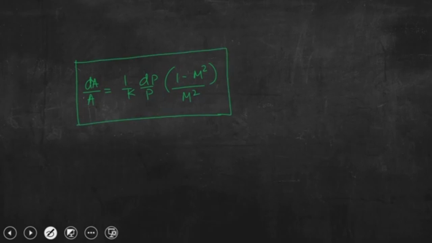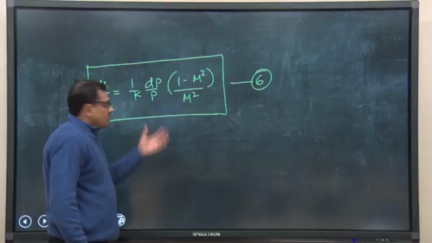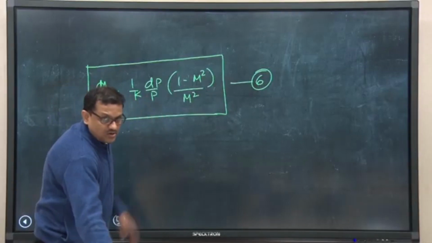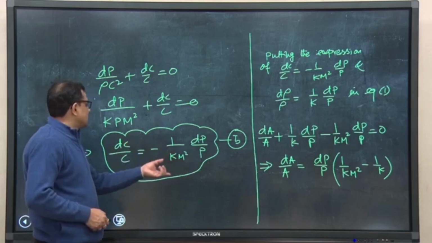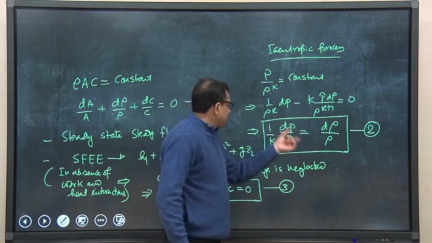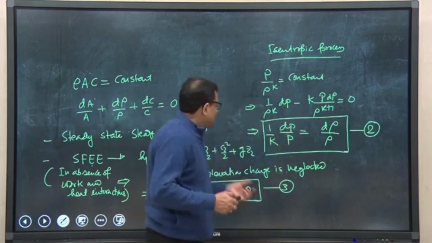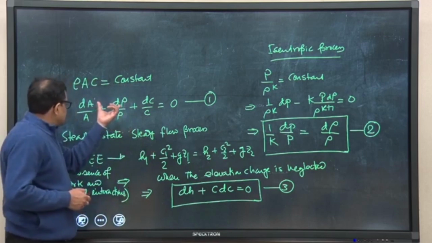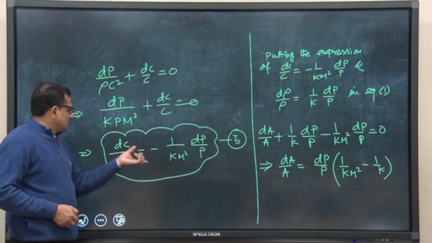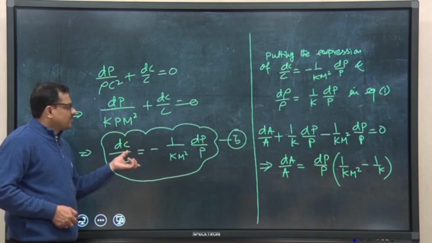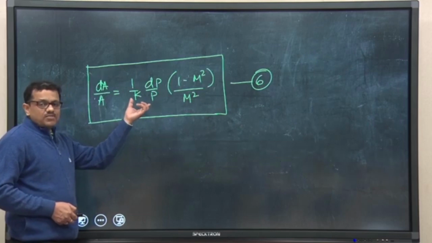This is a very important relation, equation number 6. This is the equation we wanted to derive in today's class, because we could write dC by c and d rho by rho in terms of these quantities, and finally we have written dA by A using the expressions of dC by c and d rho by rho in this form.